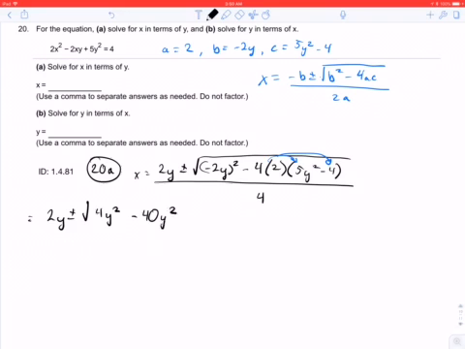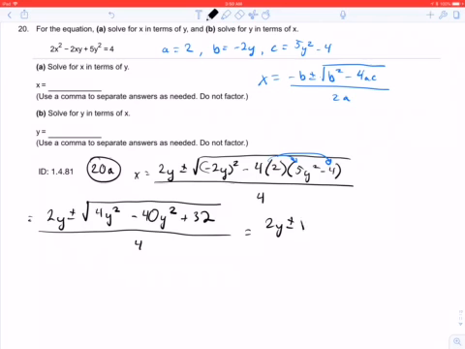Negative 40y squared, and then that's an 8 times 4 is 32, so plus 32. All over 4. Let's see if we can take it further.